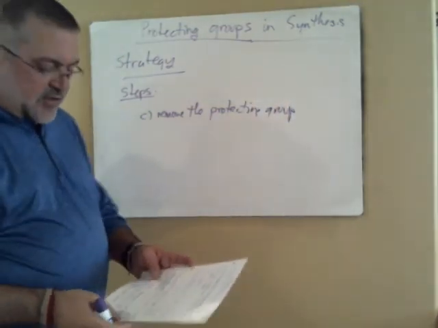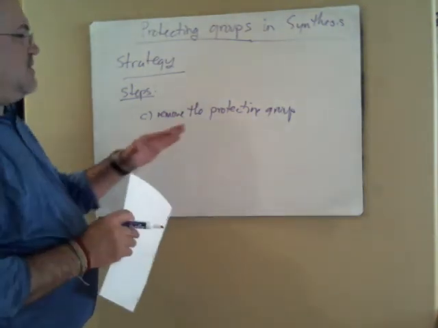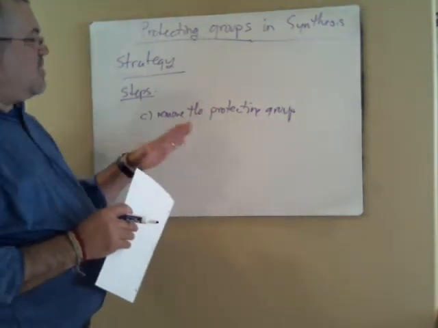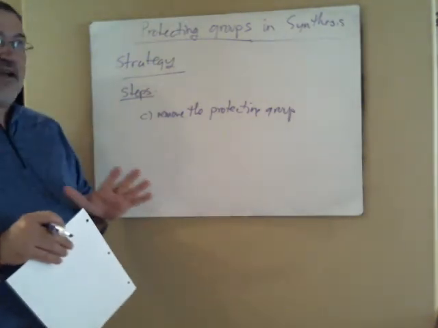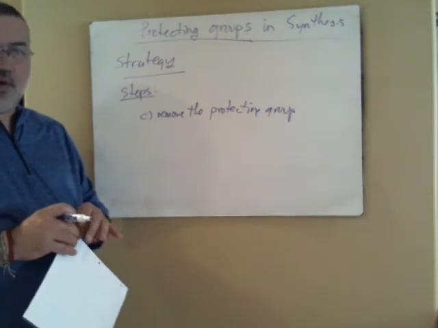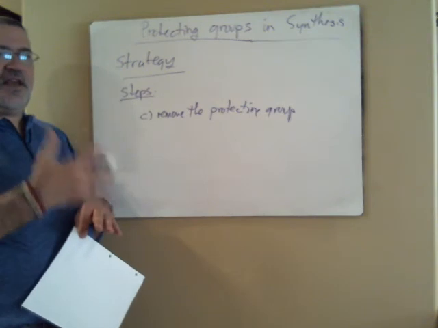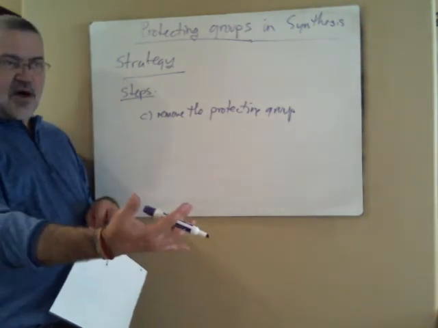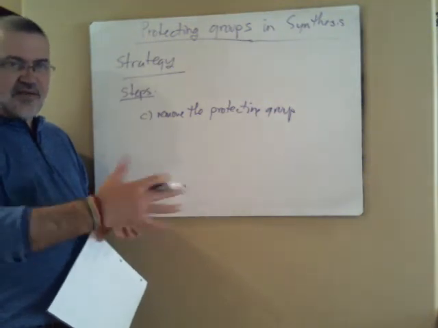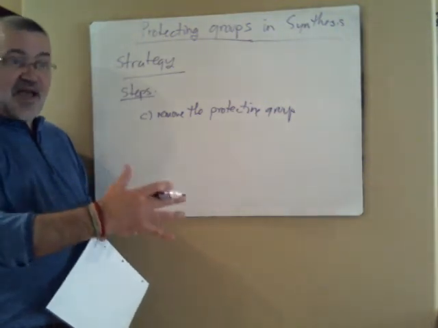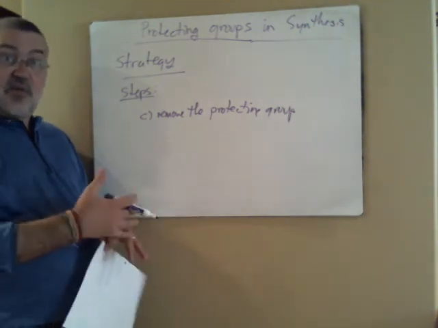Okay? And so when you're looking at that, and we'll talk about this in more detail in a minute, if you look at those three things, protecting group chemistry is very important, and it's kind of difficult because what you're asking for is something that's easily put onto the molecule to protect it, but you don't want it to be reactive to many things so you can carry out reactions, but then you want it to be easily removed.